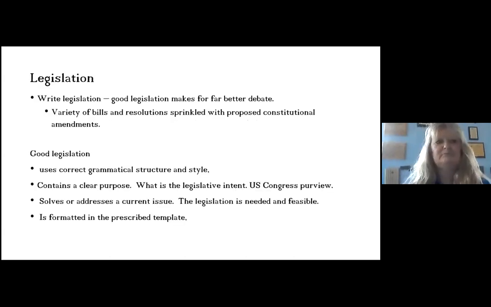So the first thing about having a successful congressional debate round is having good legislation to debate about. That's kind of the first thing that I want to talk about. The legislation, so you've got the bills and you've got the resolutions, and then you've even got constitutional amendments that you can send in. Some important things to think about: correct grammatical structure and style.